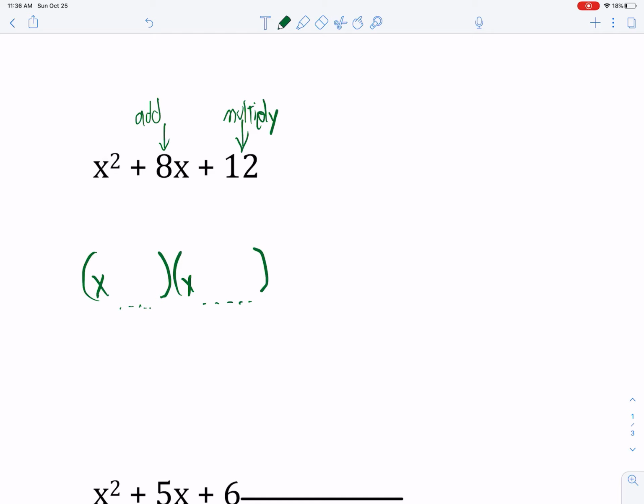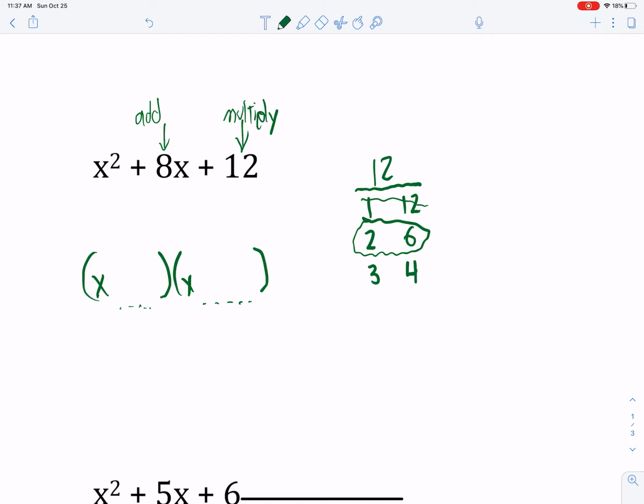So what I like to do mentally is think of things I could multiply to get 12. I could do 1 times 12, or 2 times 6, or 3 times 4. Then out of those, I need to pick the pair that would add up to 8. 1 times 12 adds up to 13, so I know that's not it. 2 plus 6 adds up to 8.